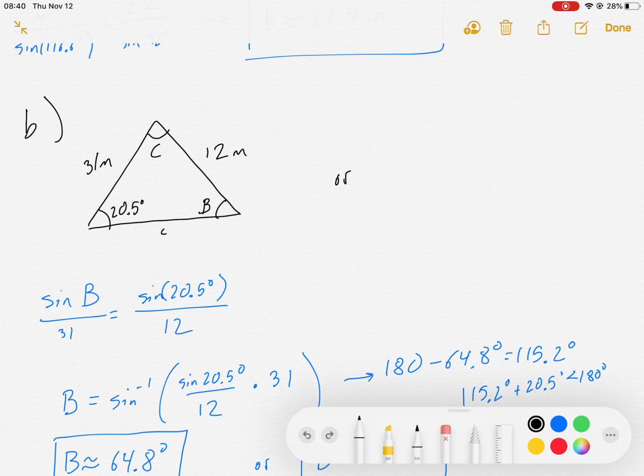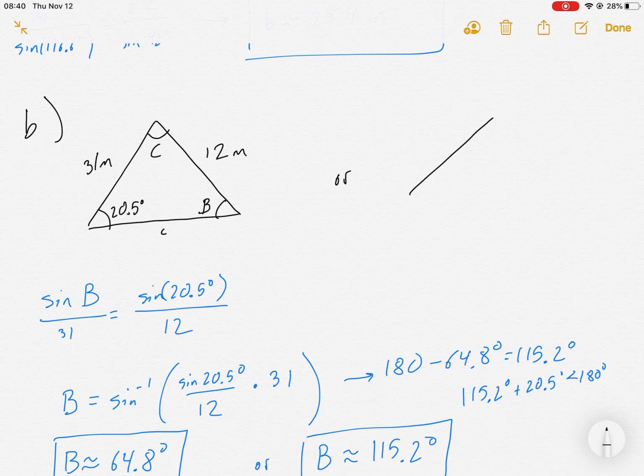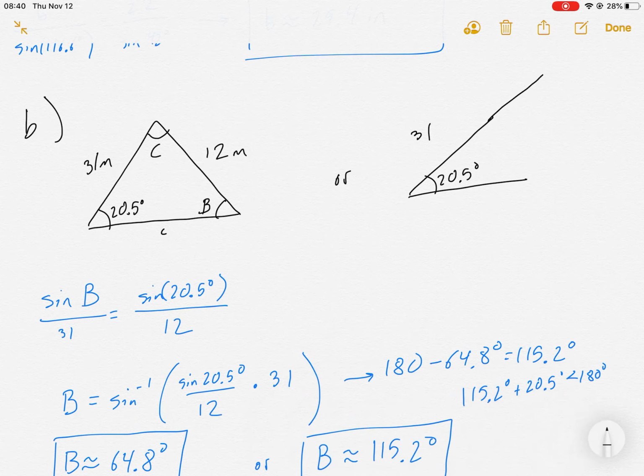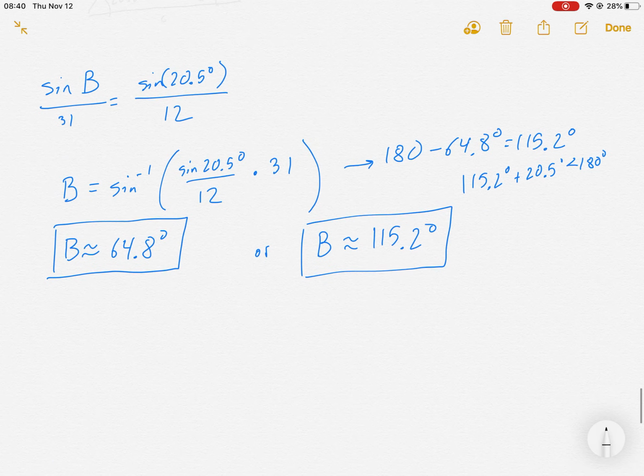Oops, I just drew it the exact same way. So we might have this angle at 20.5. This is 31, and instead of the 12 coming down this way, it might be that we actually have something like this. So there's actually two different options for this triangle.